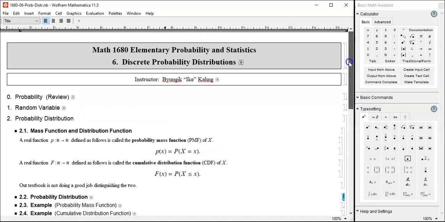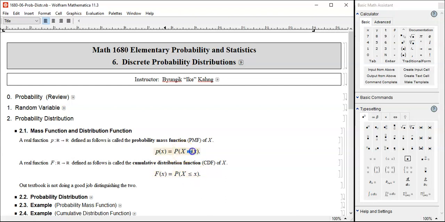Now what is PMF? It's the probability that the random variable capital X takes the numerical value small x. So capital X is equal to small x. How about CDF? It's the probability that the random variable capital X takes the numerical value small x or less. So it's a cumulative probability because of this "or less" part.